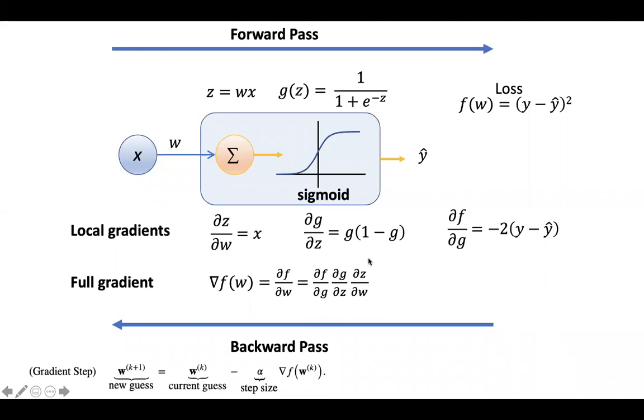And this is going to be our full gradient. We will use this full gradient to update our weight. We scale this full gradient with a step size, and from the current weight we subtract alpha multiplied by the gradient. This is going to be our new guess.